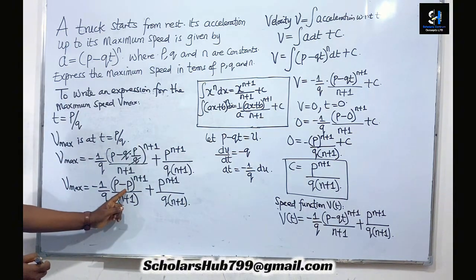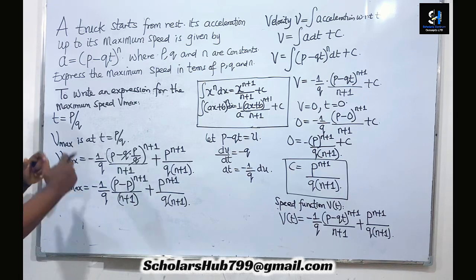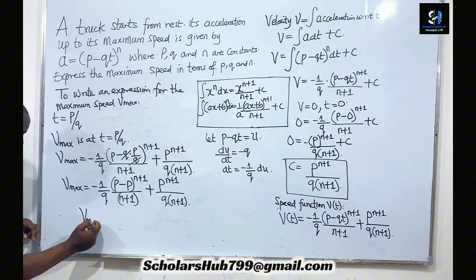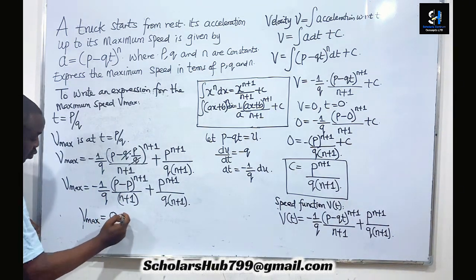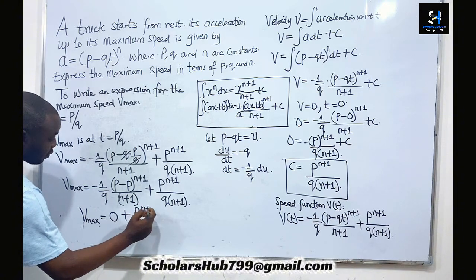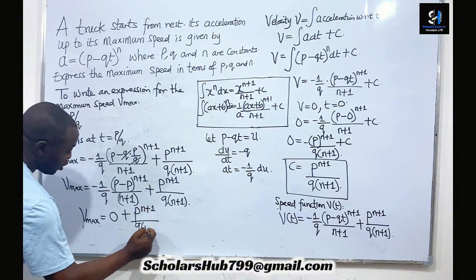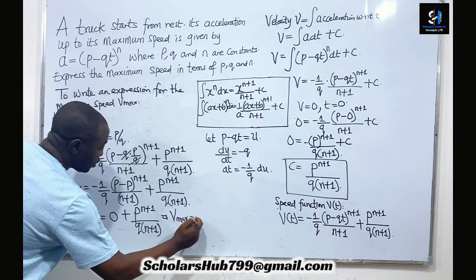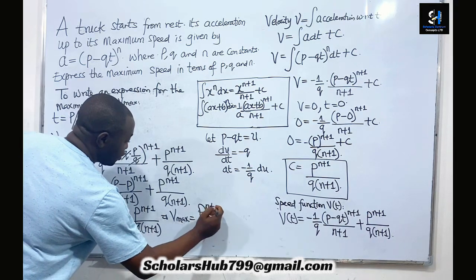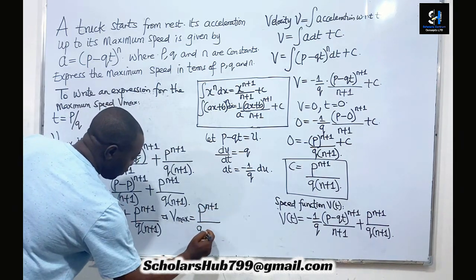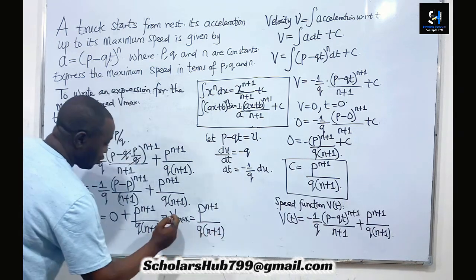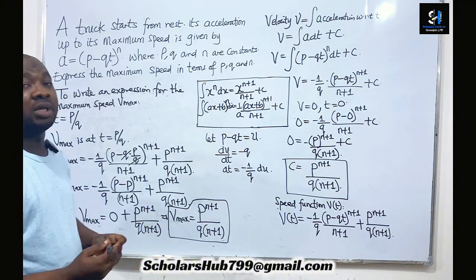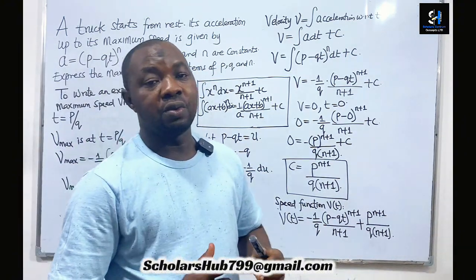So this is 0, and 0 raised to the power of anything is 0. So the maximum speed will be 0 plus p raised to the power of n plus 1 over q parentheses n plus 1. Then the maximum speed equals p raised to the power of n plus 1 over q parentheses n plus 1. So this is the expression for the maximum speed in terms of p, q, and n.